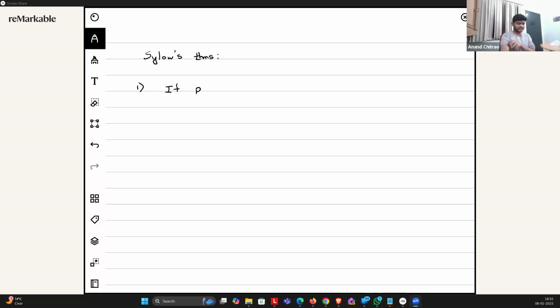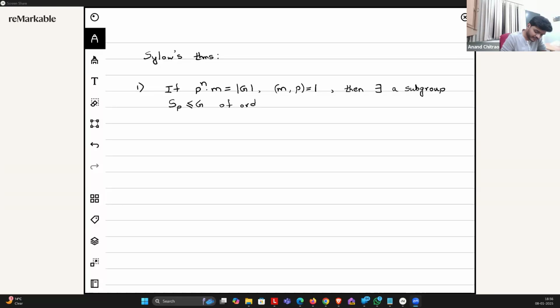Sylow's theorems, the first one is: if p to the n times m is the cardinality of G, with m and p having nothing to do with each other, then there exists a subgroup, which we may call S_p of G, of order p to the n.